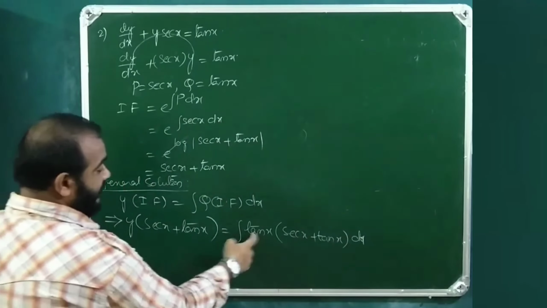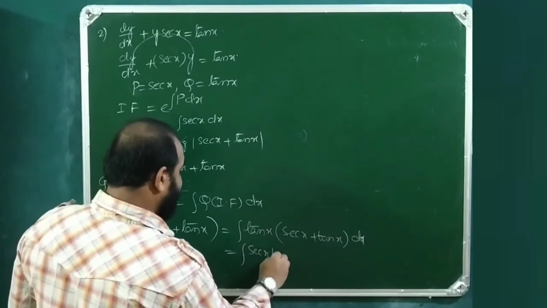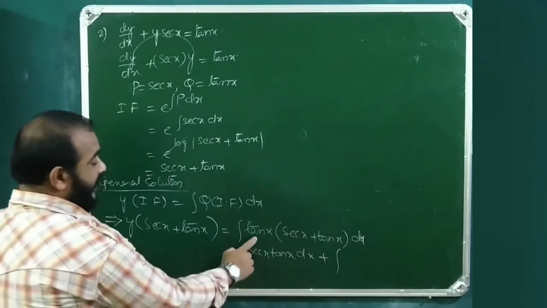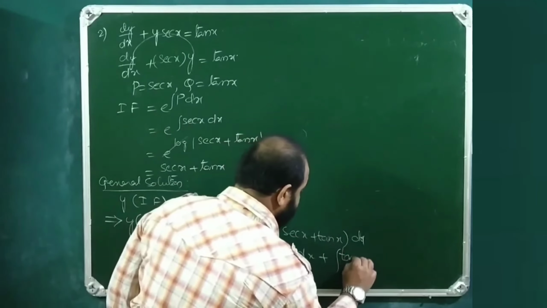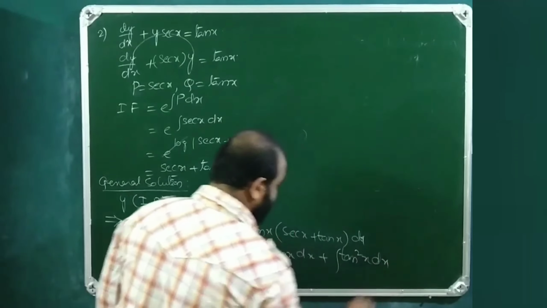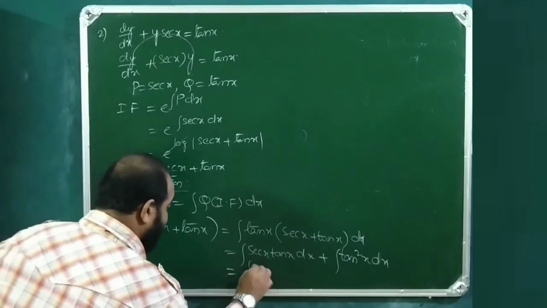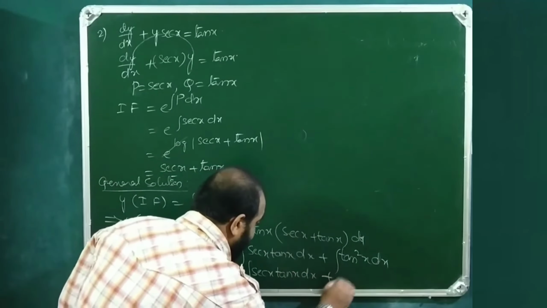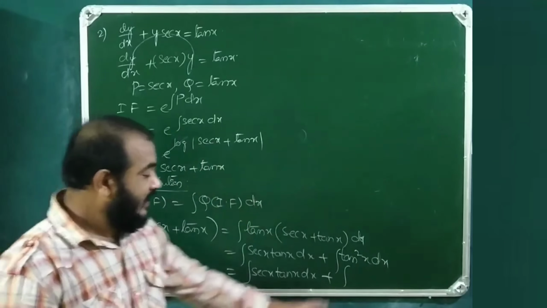This is tan x into secant x, so secant x tan x dx, plus tan x into tan x is tan square x dx. So this is equal to integral secant x tan x dx plus integral tan square x dx.